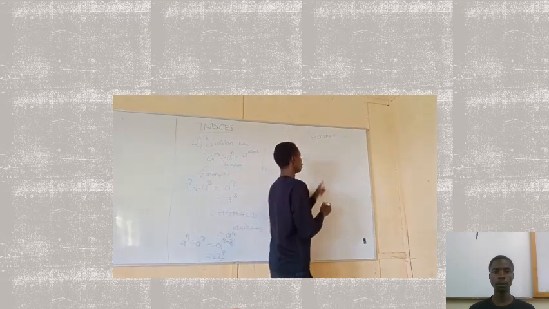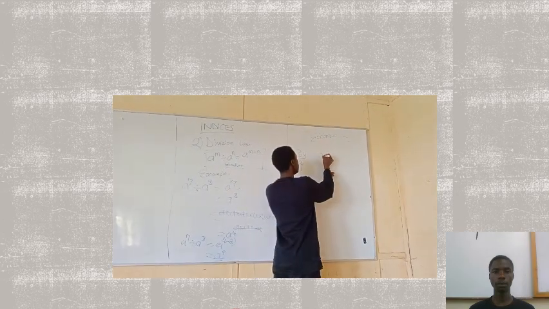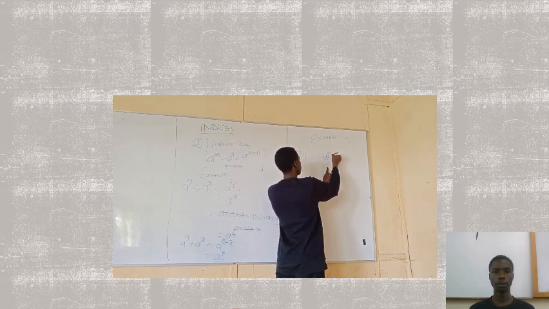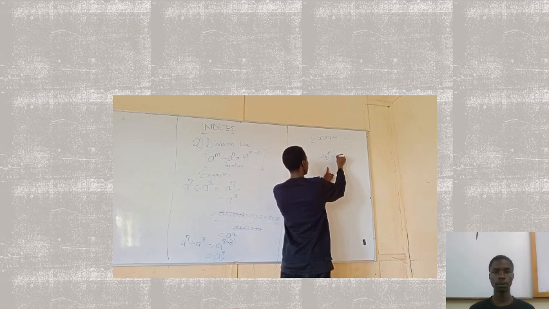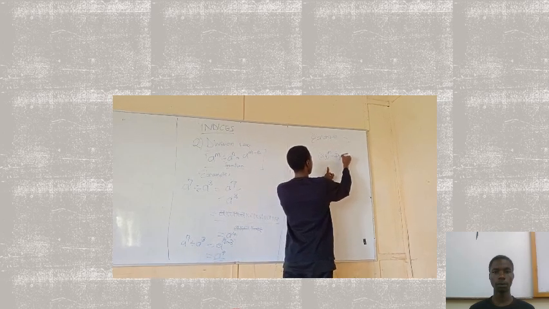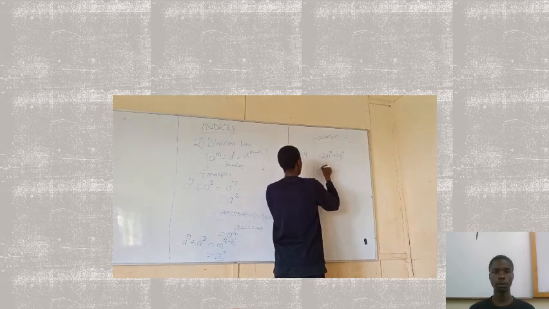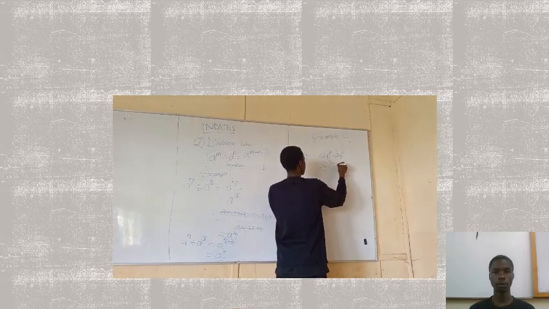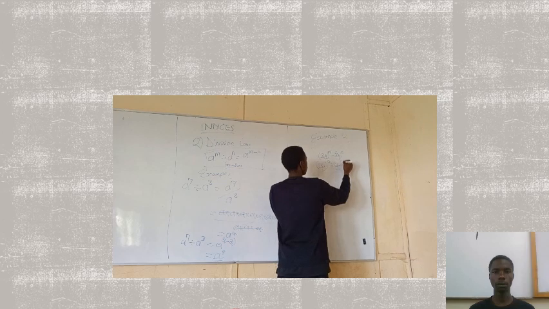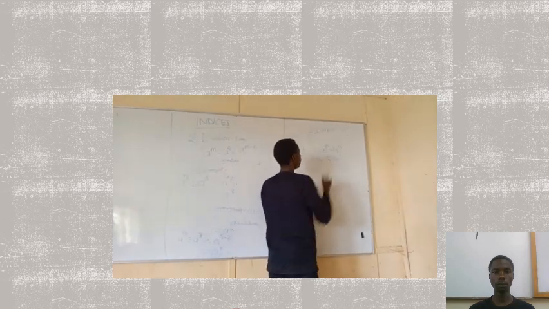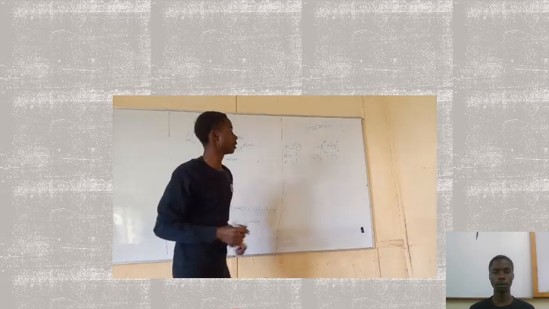Knowing the formula, we use 3y power m divided by 3y power n. What do we have? 3y power 2 divided by 3y power 1. We are dividing because we are using the division law.